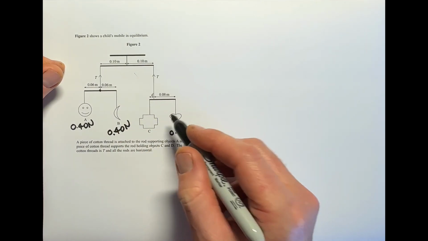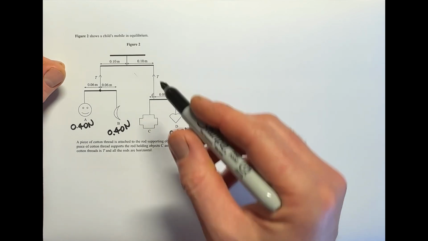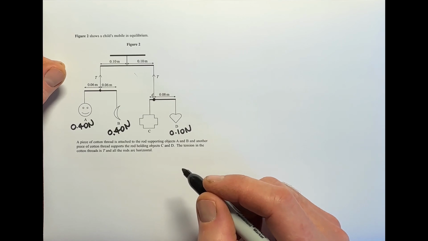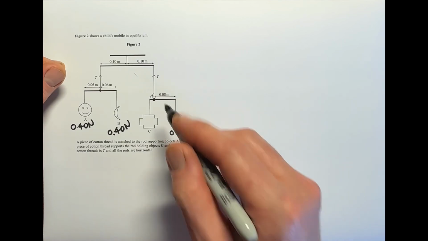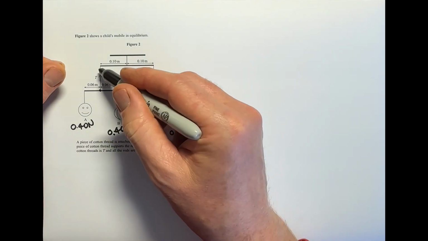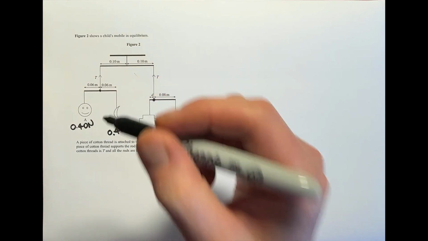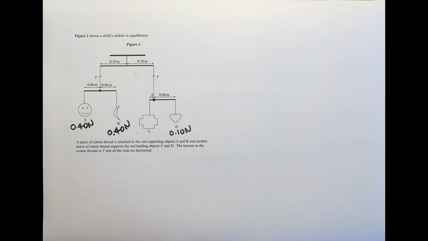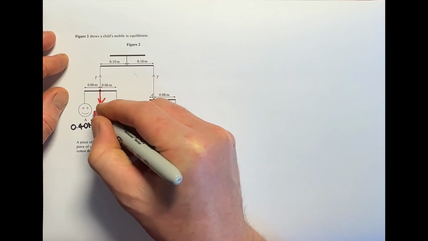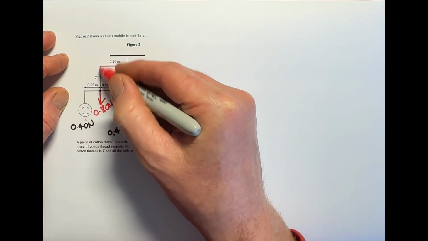Now here, it's a little bit different because these two are not equidistant from the pivot point. So the pivot point on this one is there. We don't know what this distance D is here, but what we do know is that the whole of this object taken together gives you the force acting here, essentially 0.80 newtons, because it's that plus that acting here.